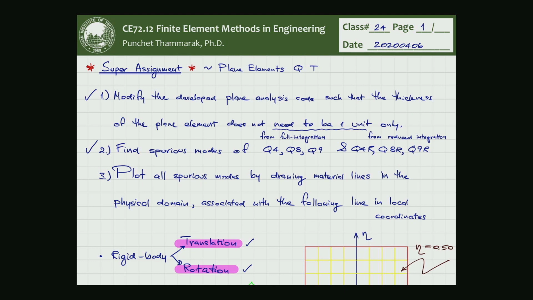And in the input file, I put the possibility for you to change the number of integration points. So you can change to 1 point, 2 points, 3 points. It's up to the element that we are dealing with. Okay, so 2 point, 3 point, 3 point, whereas this one is 1, 2, and 2.